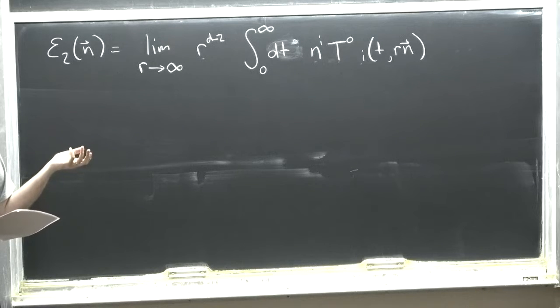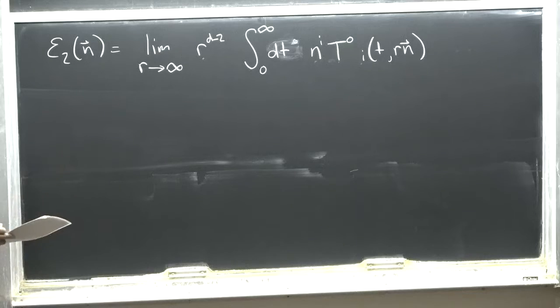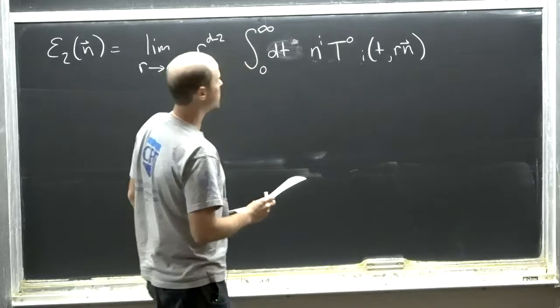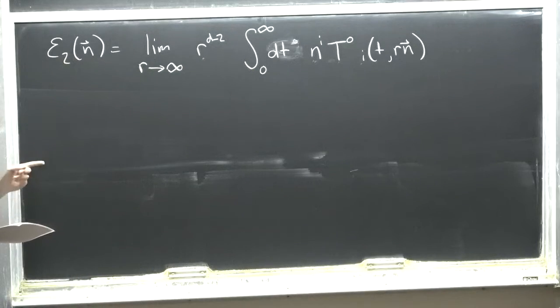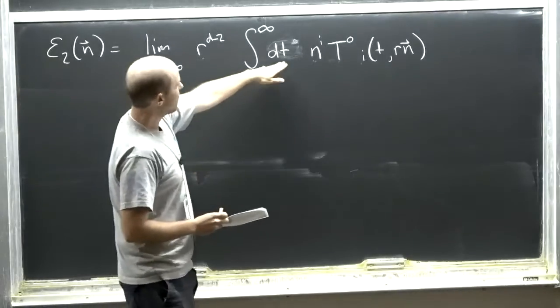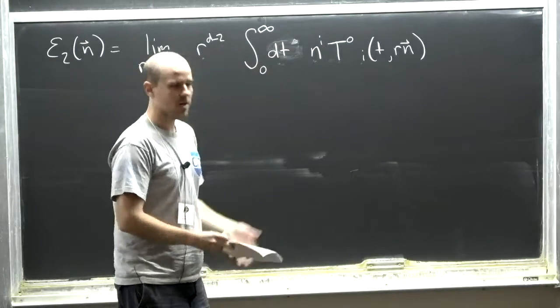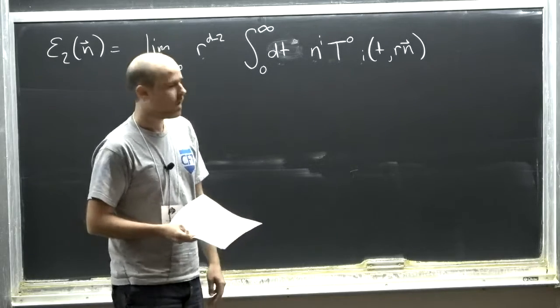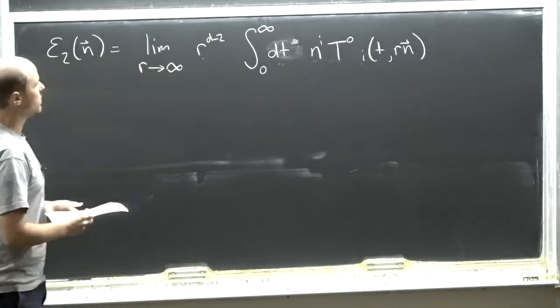The current for energy is T^{0 mu}. And so we're contracting the mu index with n_i. So we're measuring the flux of energy in the n_i direction. And then we integrate over time in order to collect all the radiation that arrives at future null infinity. And then finally take a limit as r goes to infinity.